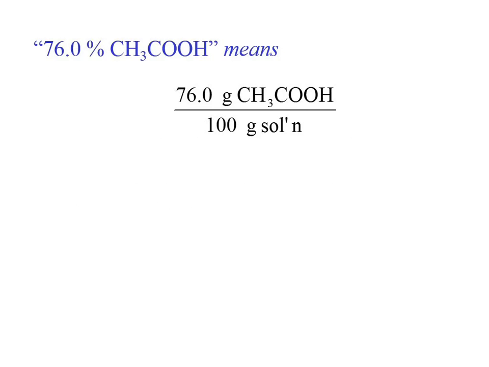When we worked with weight percents before, it's important that you're explicit about grams of what over grams of what. So 76.0% acetic acid means 76.0 grams of acetic acid, which is CH3COOH, you can just put AA if you want, in 100 grams of solution.